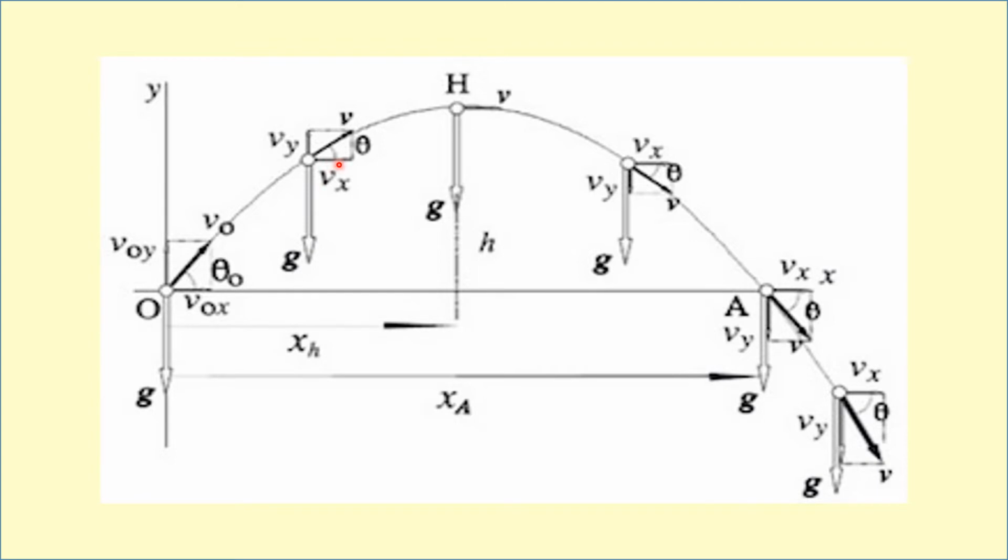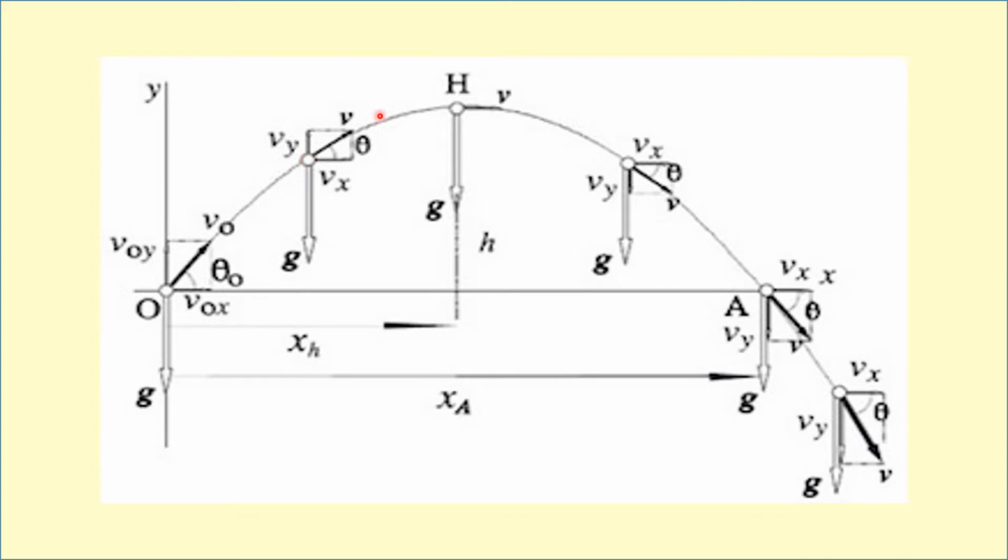But the x component of the velocity is constant. What it had initially is still the same. Upon reaching this point, the Vx is still the same, doesn't change. But when the Vx and the Vy are added vectorially, you will get the resultant velocity, which is the actual velocity tangent to that point here.